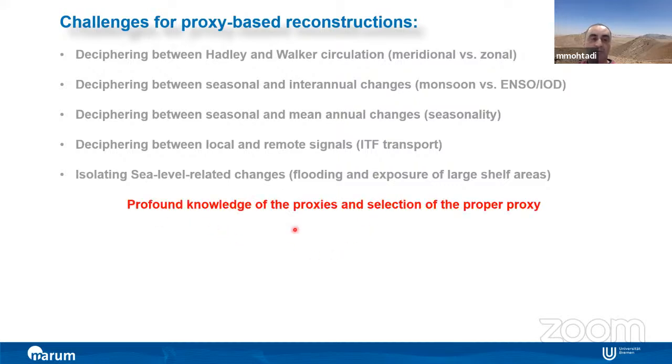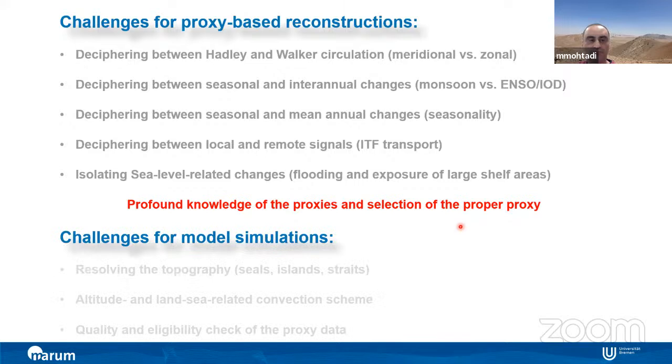So we have to have a profound knowledge of the proxies that we are using and select the proper proxy. But this is really the largest issue, the biggest issue after nearly 20 years of working in this region. I can tell that this is by far the most pressing issue that we have in this region. There are not so many calibrations of the different proxies in this region.